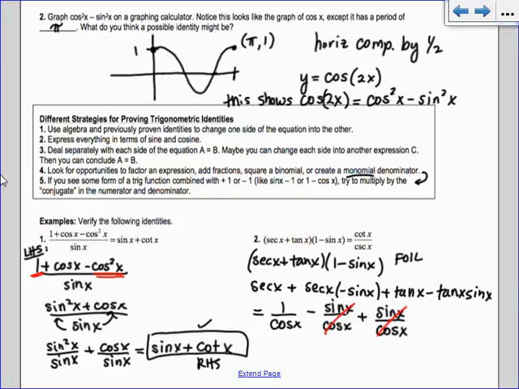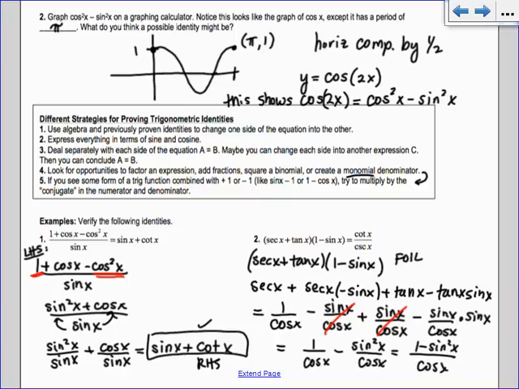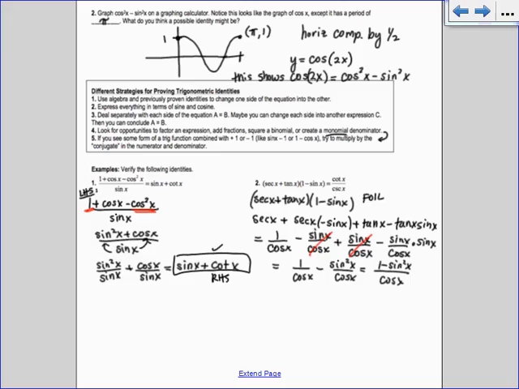Then I have minus tangent, which is sine over cosine, times sine of x. So now I have 1 over cosine of x minus sine squared x over cosine of x. They have common denominators, so I combine: 1 minus sine squared x over cosine of x, and 1 minus sine squared x is cosine squared x. So I end up getting just plain cosine of x.